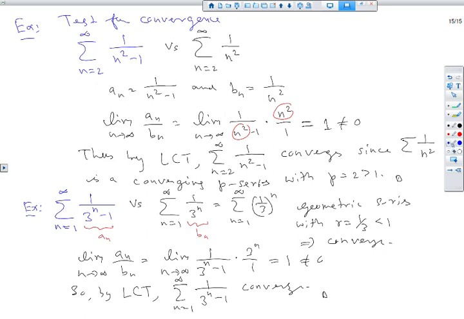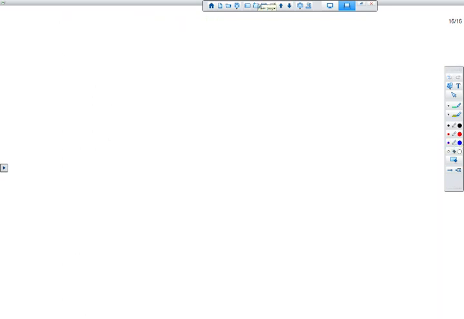So the next one is this one, the sum from n going from 1 to infinity of n to the 5th minus n cubed sine n squared plus 7, over the square root of 5n to the 14th plus square root n, maybe minus 3.